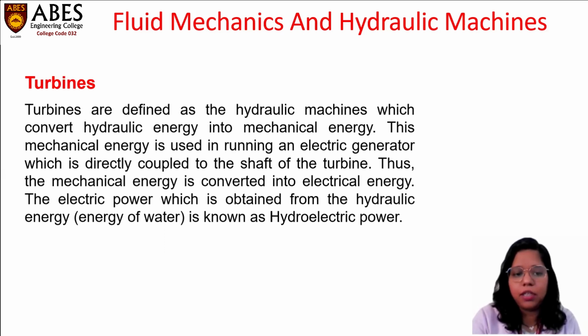What is hydraulic energy? It is the energy possessed in the water. So this electric power which is obtained from the hydraulic energy is known as hydroelectric power. So these are turbines which are basically converting the hydraulic energy, the energy of water, into mechanical energy.